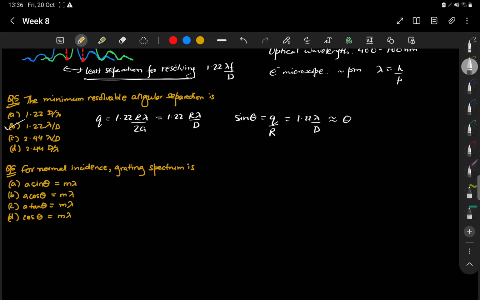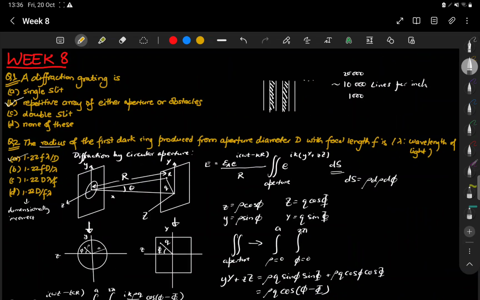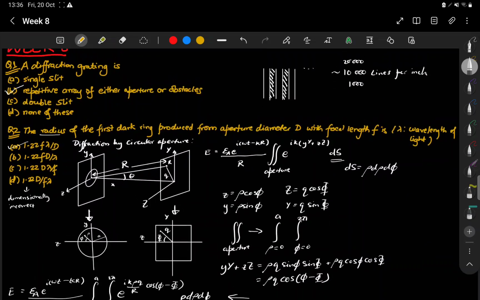Okay, so let us now discuss the answer. A diffraction grating, as we saw in the first question, is basically a collection of many slits.